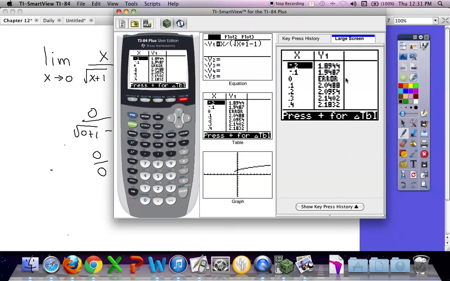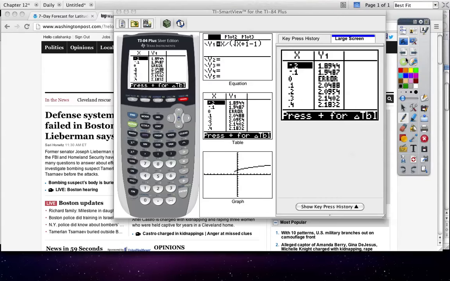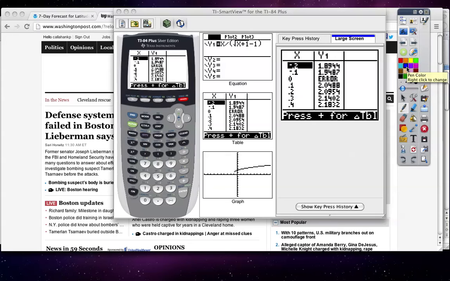Okay, take the average of these two. 1.9487 plus 2.0488 divided by 2. What is that? 1.99? Okay. So it's getting very close to 2.